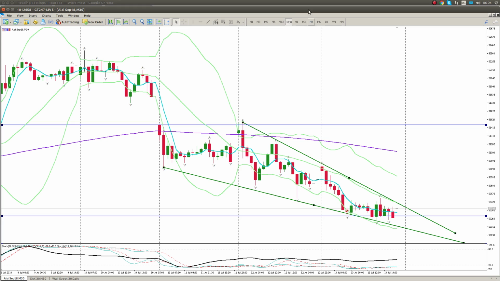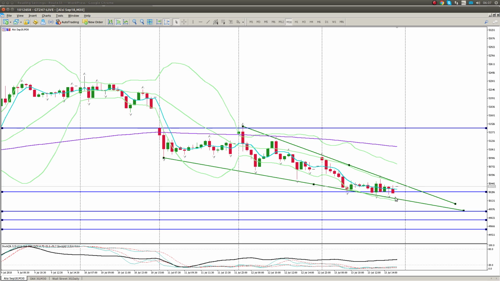So on the 30-minute, you can see we are pretty much still in a downtrend. We're below the 20 moving average, so we are essentially in a downtrend, but we do have divergences and oscillators grouping at the bottom. So either this is a bottom or we will step down one more level, which will be somewhere in this zone.